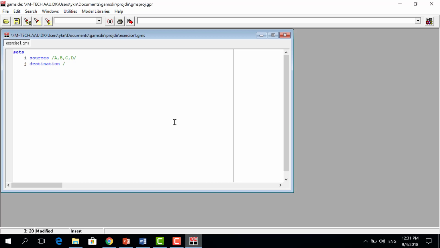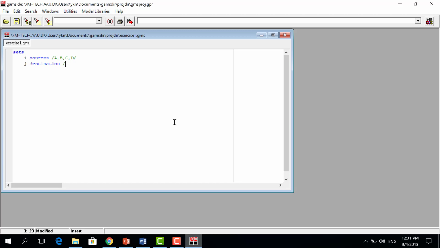For instance, I is sources, but the word sources will not be read by the GAMS software. It is only to make us clearer about what is I and what is J.